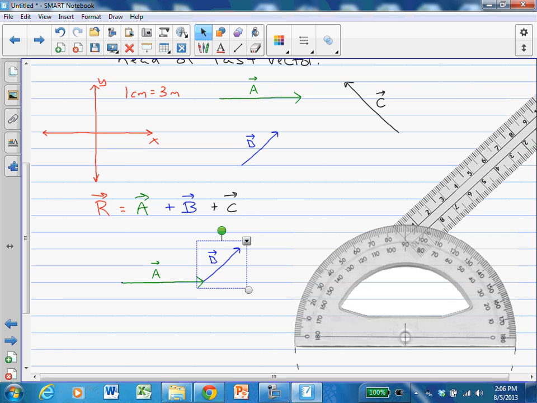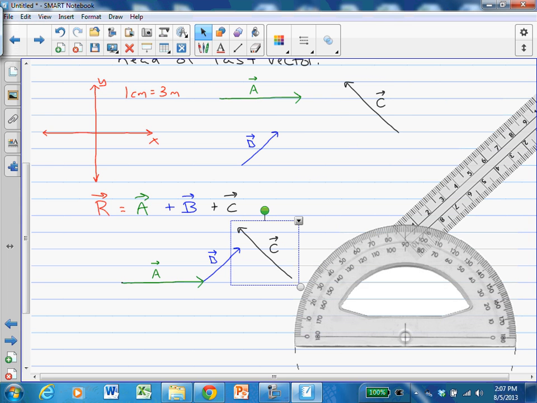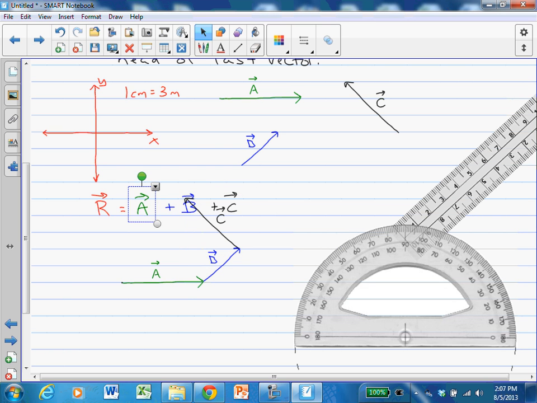And now I would measure C and use my protractor again, but I'll just use the clone function. If I can find it, here it is. And I would now put that on the head of B, the tail of C. I'm going to move all this down a bit.